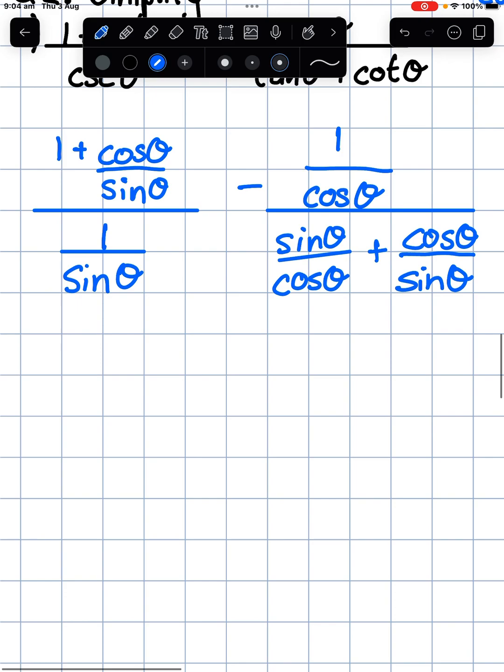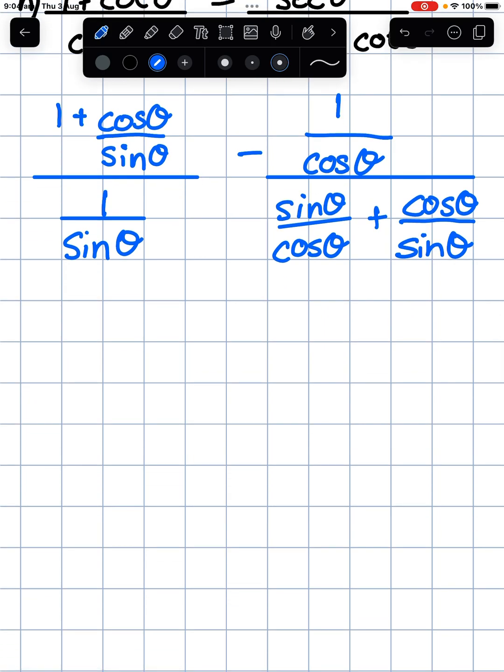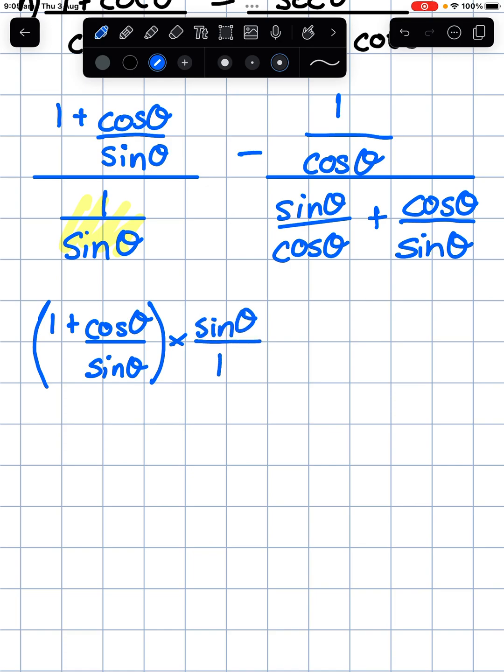So the first step here, do I have the pointer that I used to have? I don't think so. So in this first left-hand side one, we've got, I'm just going to put it in a bracket, 1 plus cosine theta over sine theta. And this divide by this value here, because of our rule with fractions, we're going to multiply by sine theta over 1.